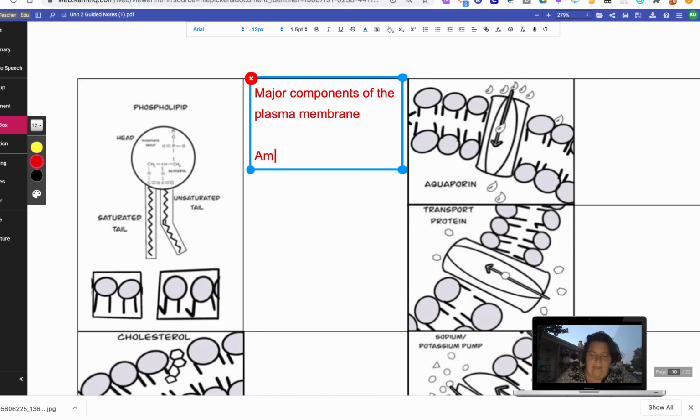They are amphipathic, which means that they have a hydrophilic head, which is the phosphate group. It interacts very well with water.